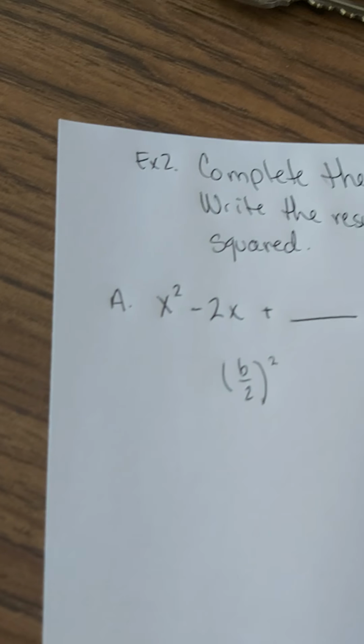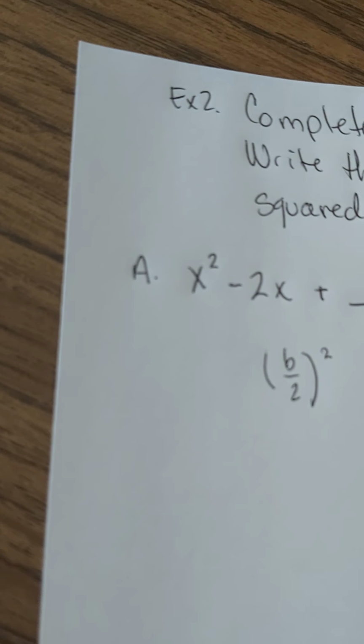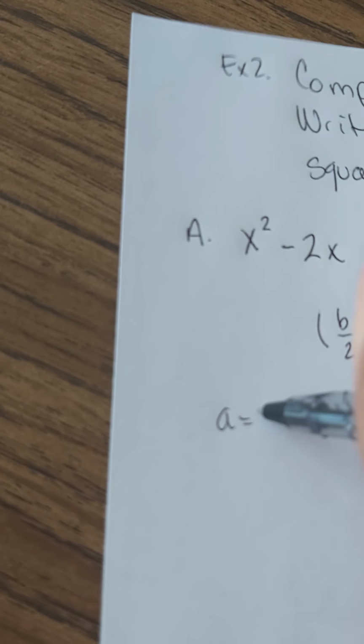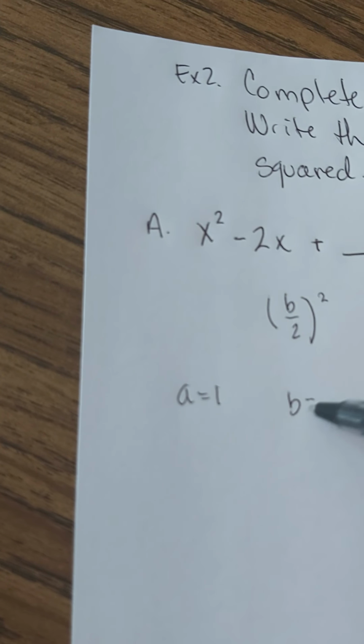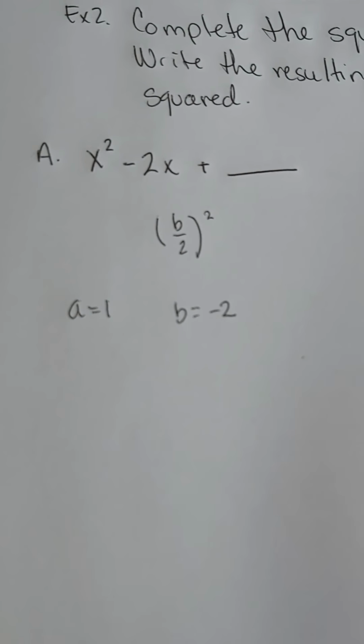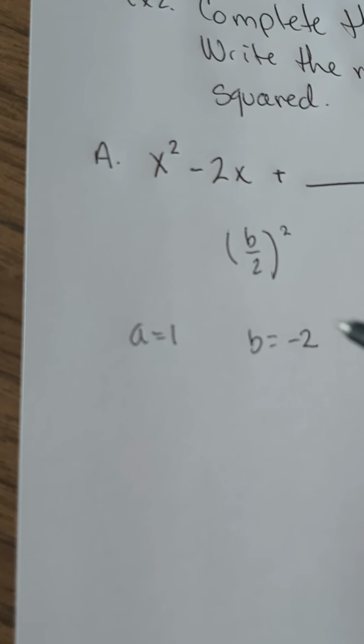So in this case, a equals 1, b equals negative 2. So let's find half of b.